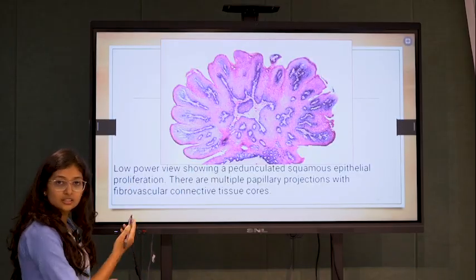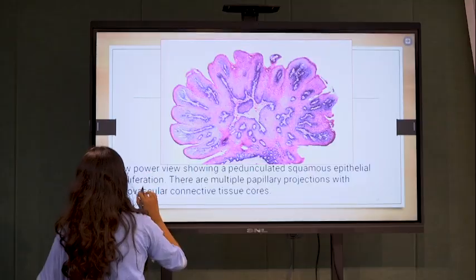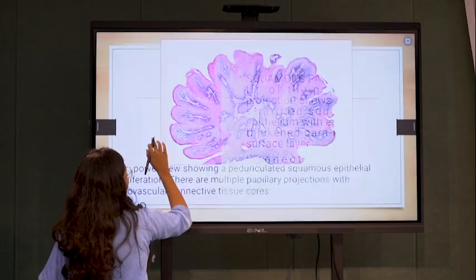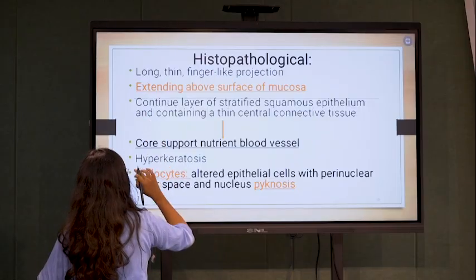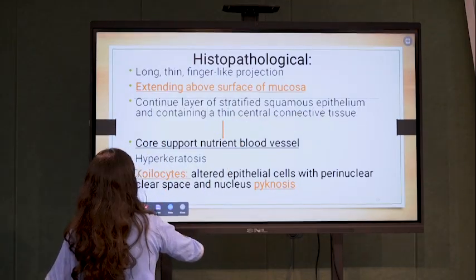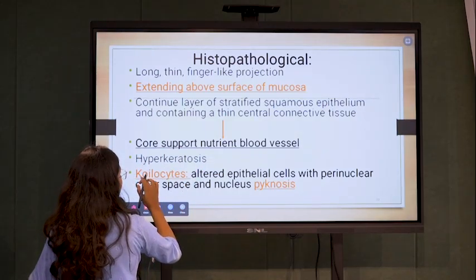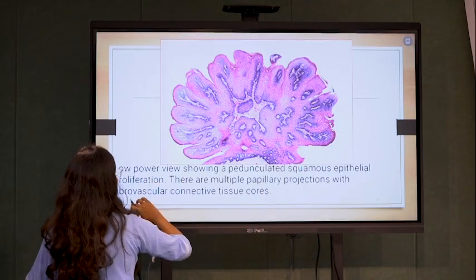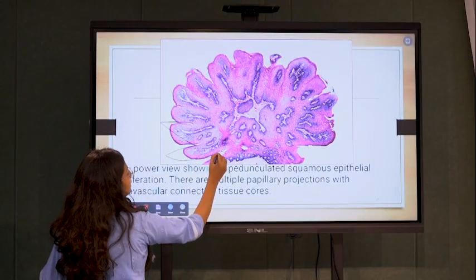So let's see the histopathological diagram. As you can see, there are long rete ridges and thin projections.